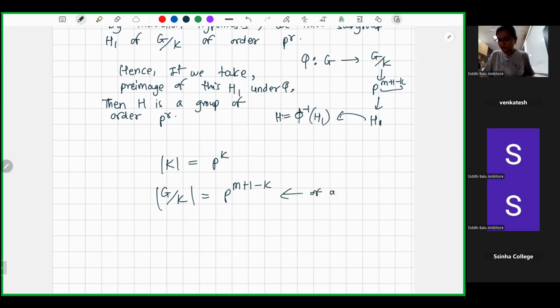of cardinality less than or equal to p power m.